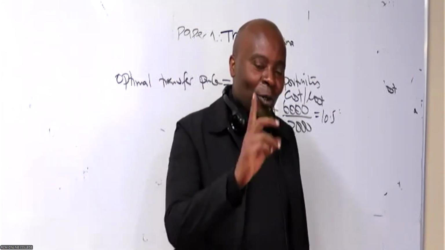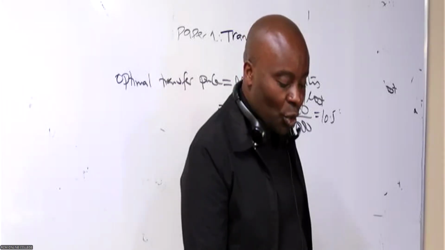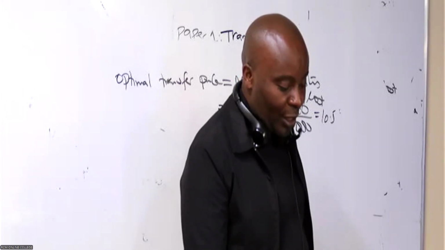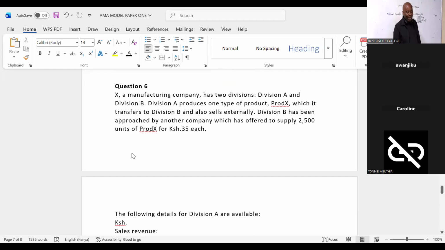Now, before I go to a very good past paper question, allow us to go to this other shorter ACCA question, which your examiners will always borrow quite a lot. Question number 6: X, a manufacturing company, has 2 divisions, Division A and Division B. Division A produces one type of product called product X, which it transfers to Division B and also sells externally.